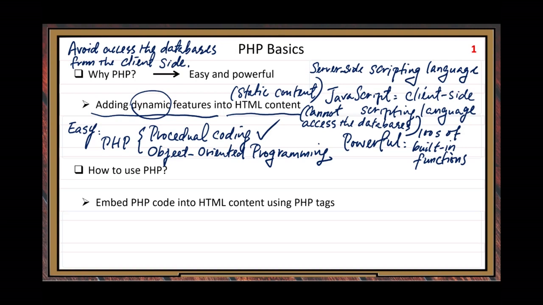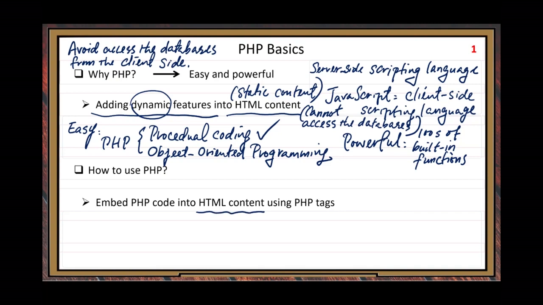It's a very simple structure. The way used here is to embed PHP code into HTML content using PHP tags. This is the way PHP code is structured inside an HTML document.